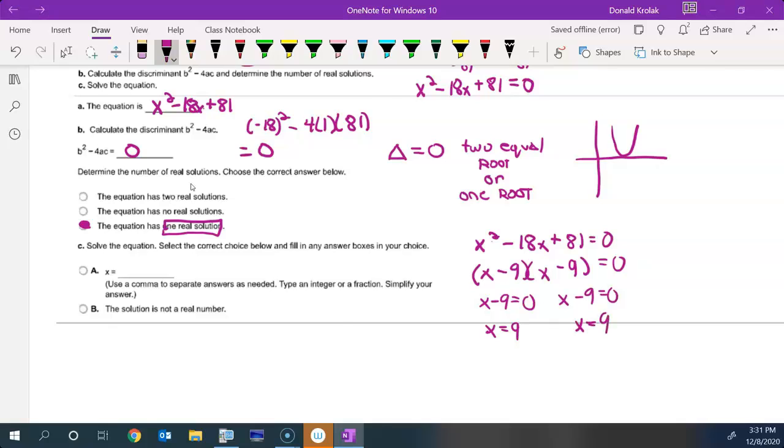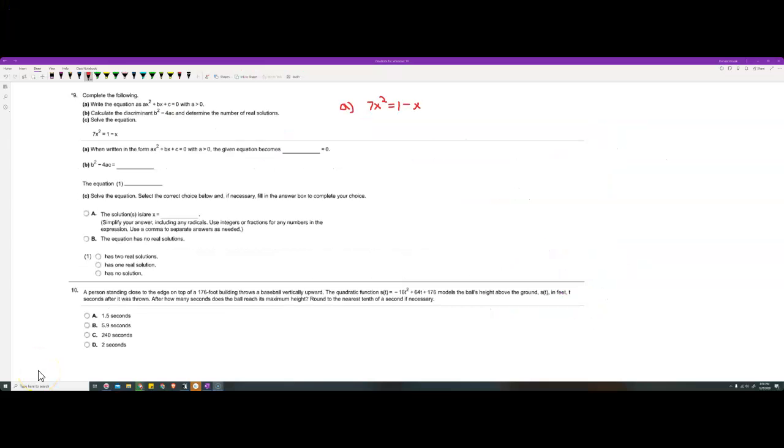So they're two equal. Okay, we have this quadratic, 7x squared equals 1 minus x. The first part of the question says, write the equation as ax squared plus bx plus c. So all this means is we're going to move everything to one side and set this equal to 0.